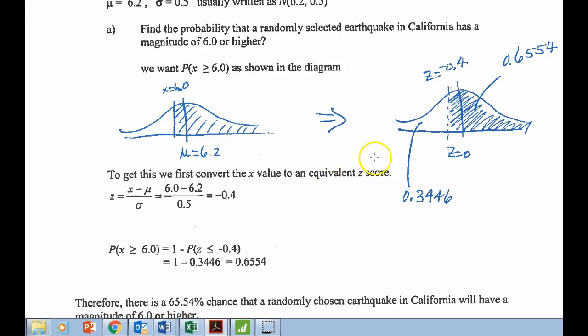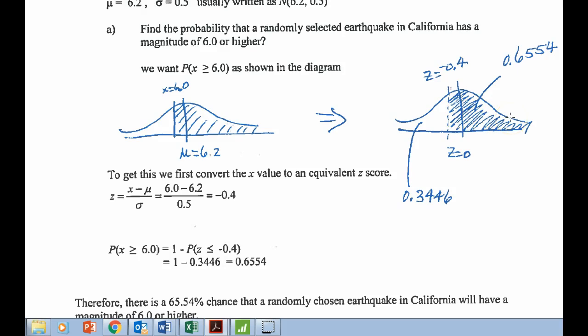Now I'm redrawing my curve, but this time from the perspective of the standard normal distribution. In the standard normal distribution, the center always has a z-score of 0. Anything below will be negative, anything above will be positive. A z-score of negative 0.4 is going to be about right here, and I want to find the area to the right of it.